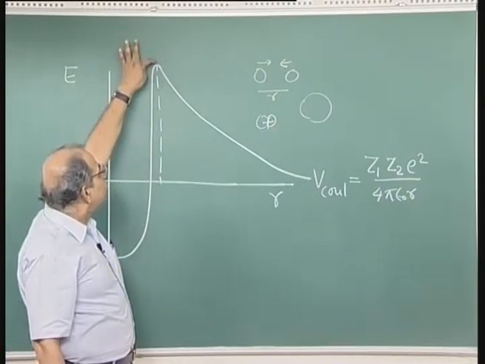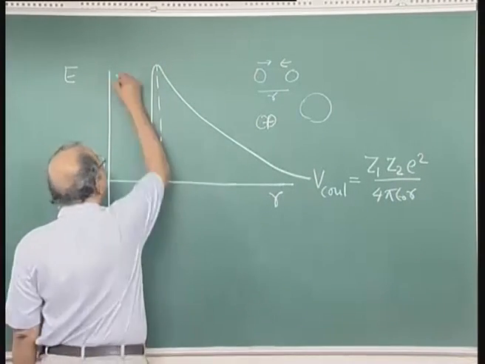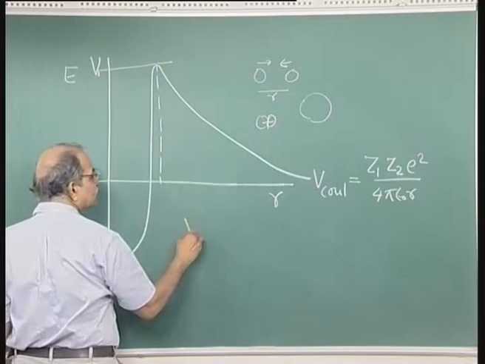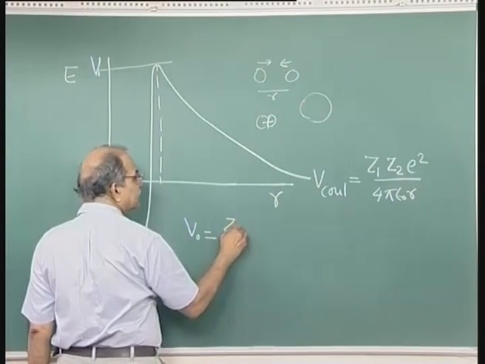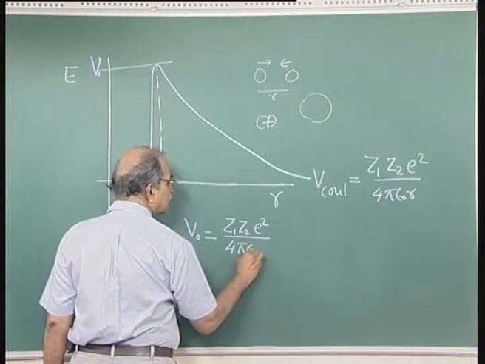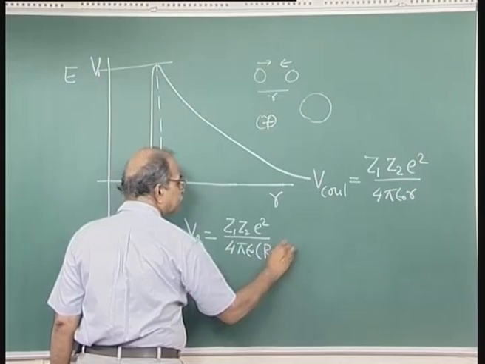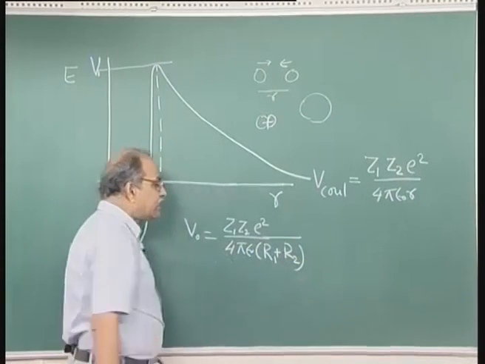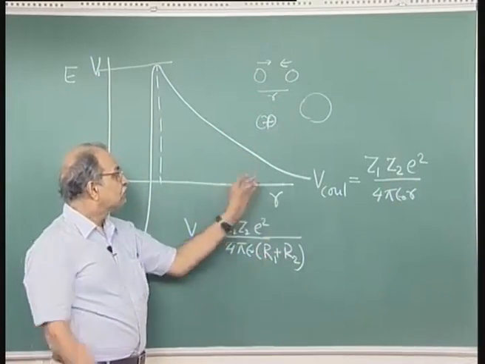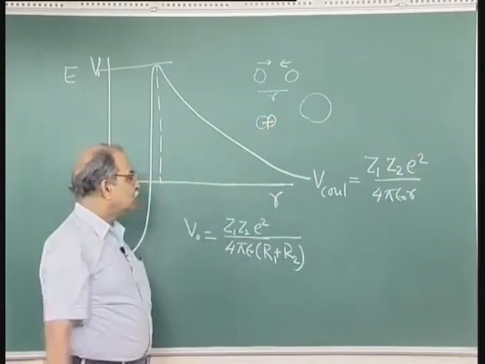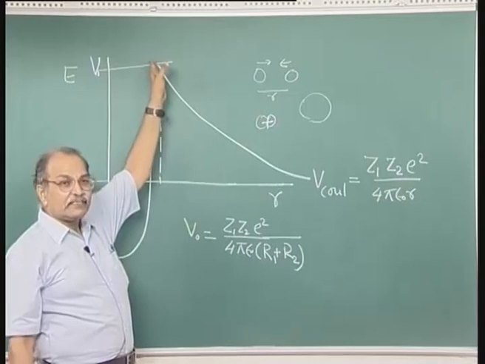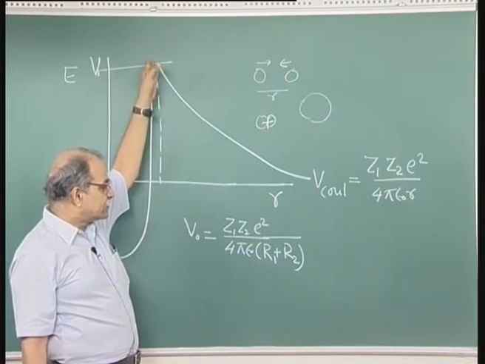So, the maximum will correspond to the barrier height, and this V naught will be Z1 Z2 e square over 4 pi epsilon naught and R1 plus R2, the radii of the two nuclei which are trying to combine. So, when r is equal to R1 plus R2, that we take as the maximum potential energy here. That is the barrier height.